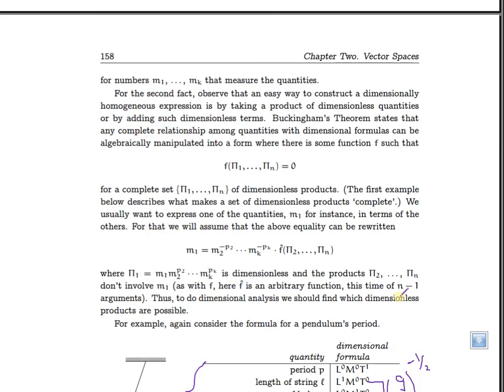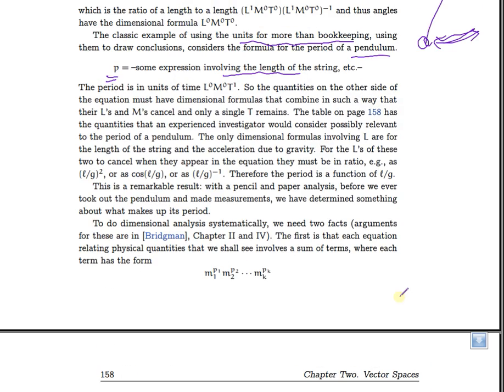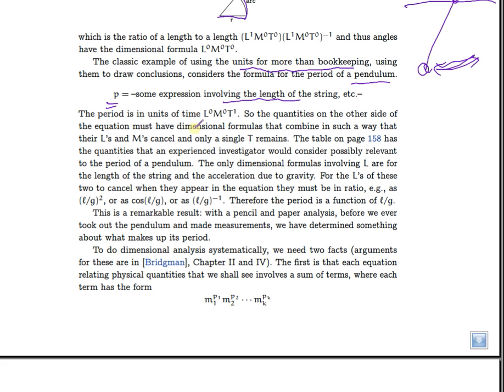So let's try to do this a little more systematically. All right, so what I've really done is I've covered this paragraph. As he mentioned, the period must be somehow a function of L over g, and in fact, you can go a little bit farther and say it must have some relation with the square root of L over g.